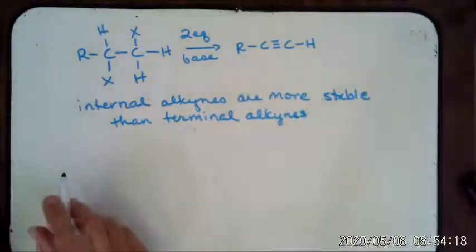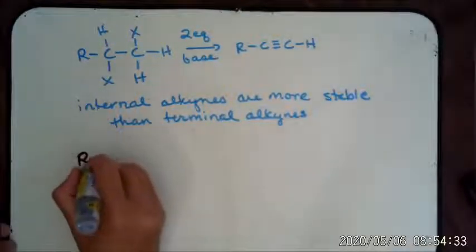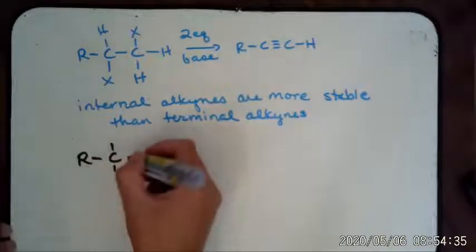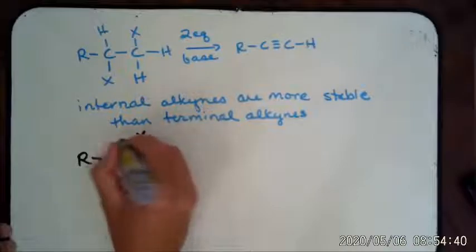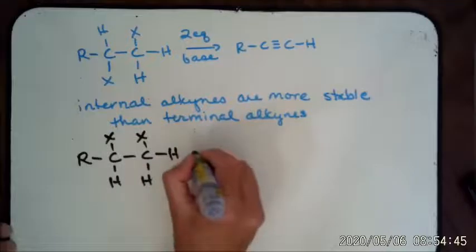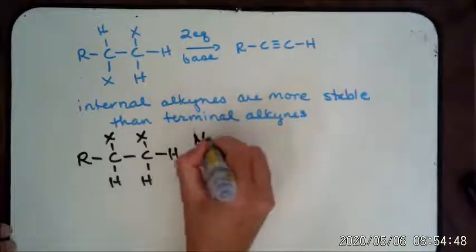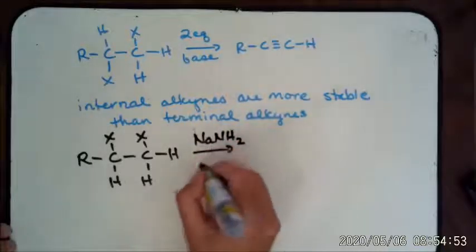So, depending upon the base that you use, you can choose or select one type of alkyne over another. So here's the thing. When we are making a terminal alkyne, the preference is to use sodium iodide at high temperatures.